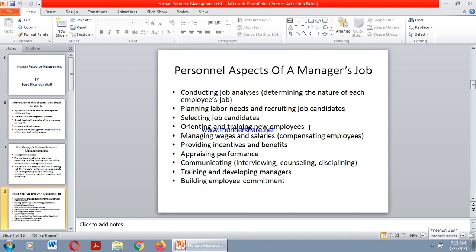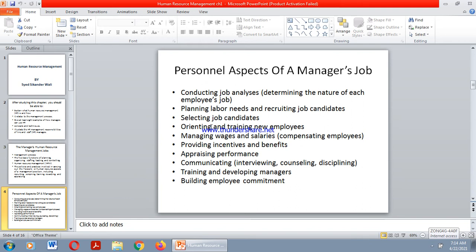Orientation and training of new employees. Orientation means giving a flavor of the whole organization to the new incumbents, that may be managers or other HR manpower on other positions. They get to know the organization, its culture, its working style, things like that.